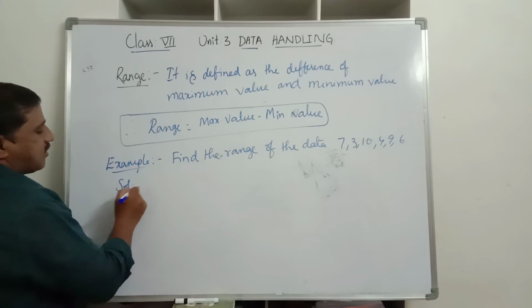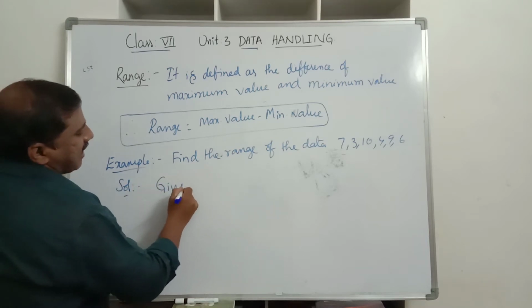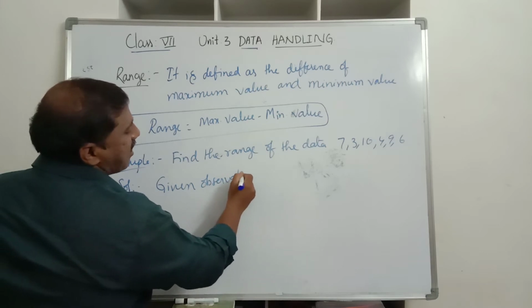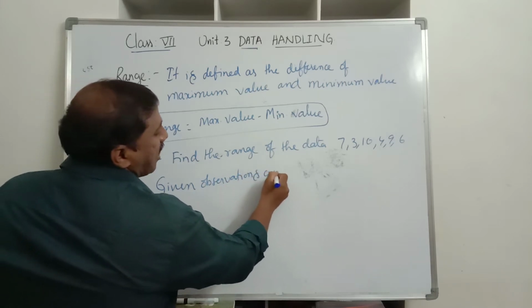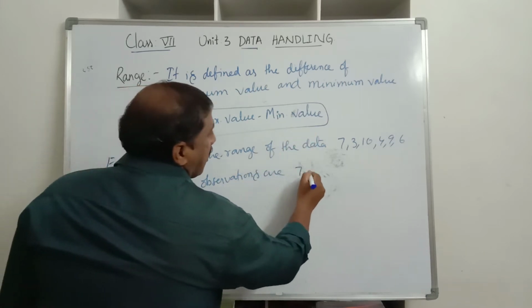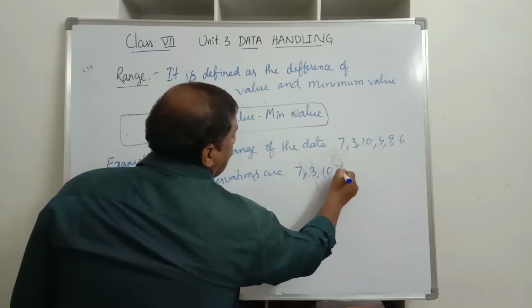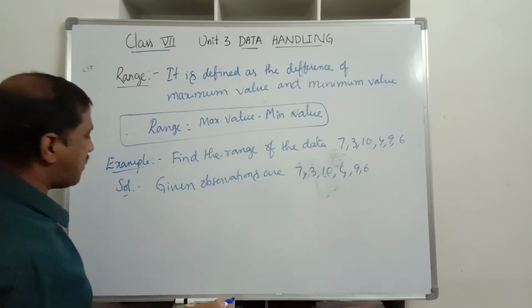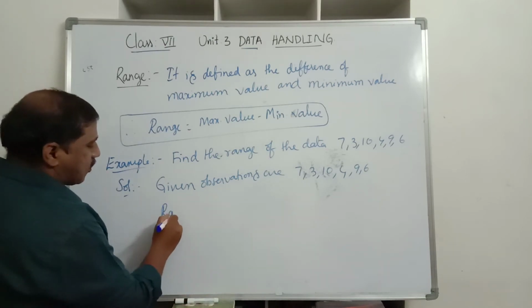Given observations are 7, 3, 10, 4, 9 and 6. Now range is equal to, what is the formula?